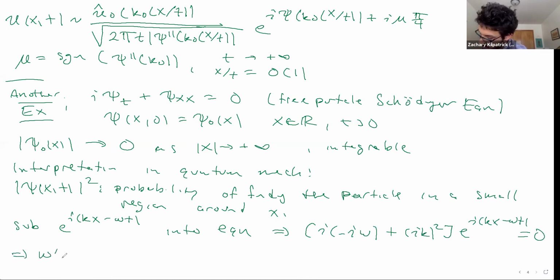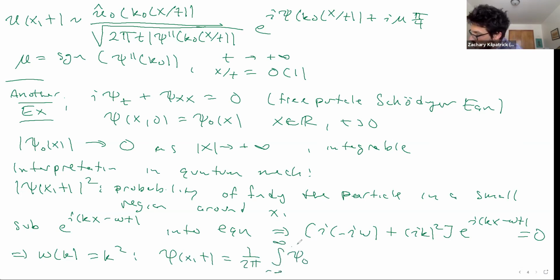Solving this, we get omega of k equals k squared. And so that means that I can write the solution, psi of x,t, as 1 over 2 pi, the integral from minus infinity to infinity of the Fourier transform of my initial condition, e to the i(kx minus k squared t) dk. So again, we have another Fourier type integral. We can find the stationary phase point of this argument up here.